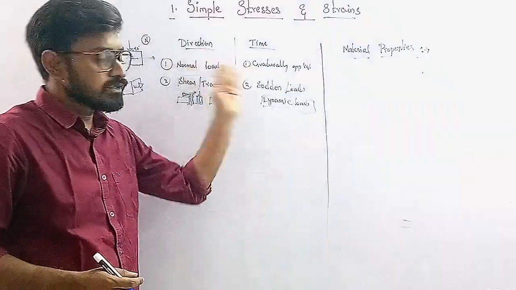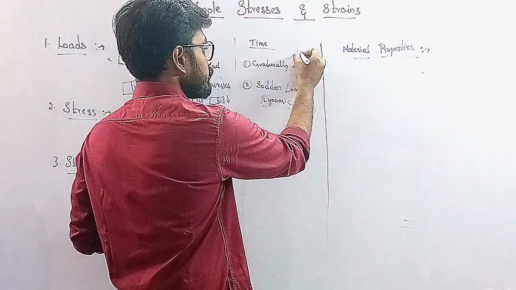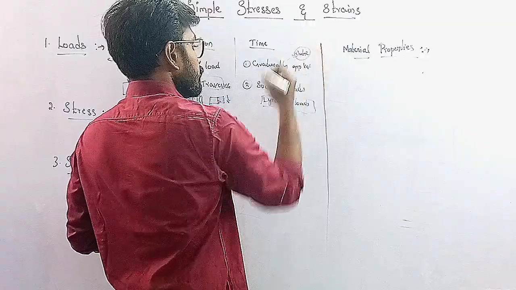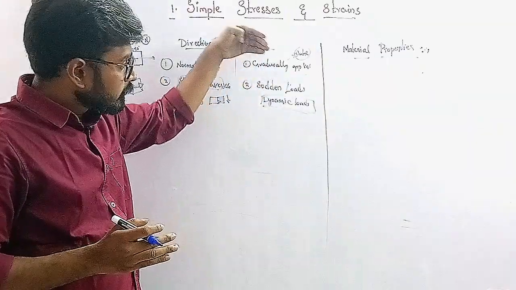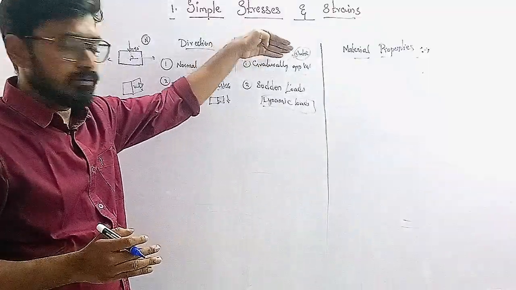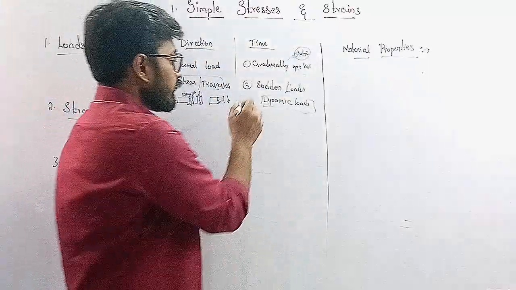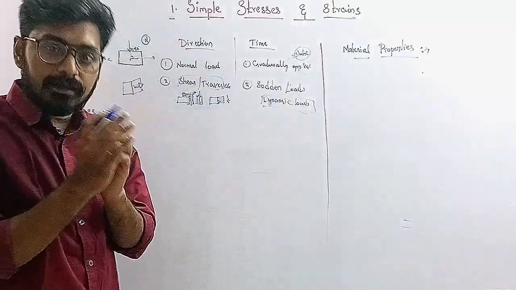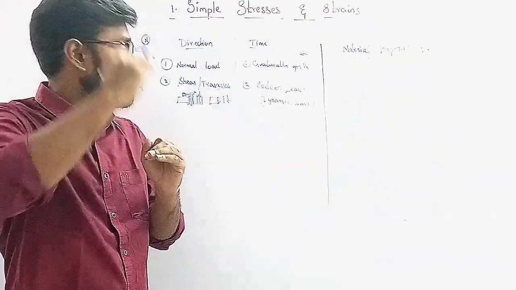Based on time, we have gradually applied load or static load. They do not act all of a sudden; they rest on the body like the dead weight of the body. Whereas a sudden load takes very little time, and acts with impact, falling from a certain distance onto the body.